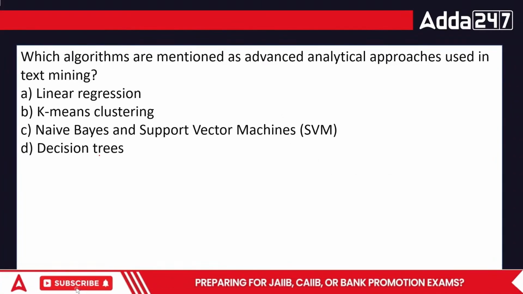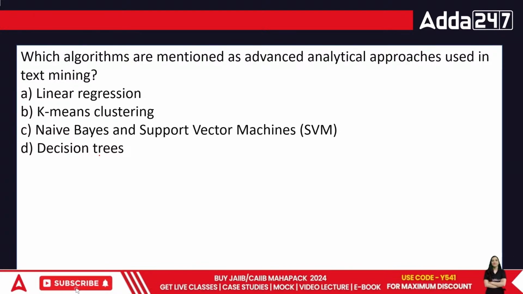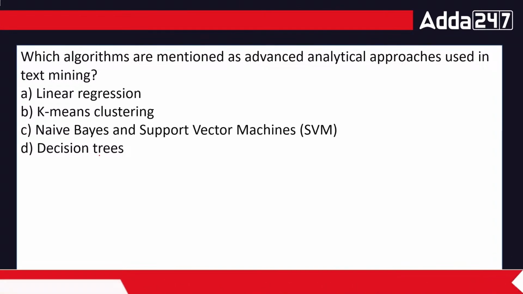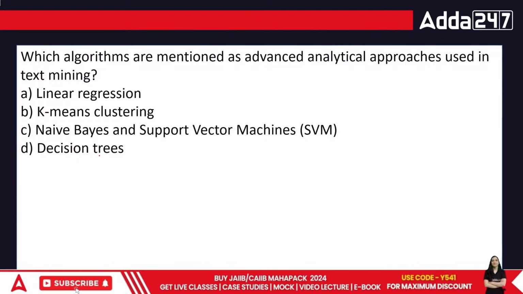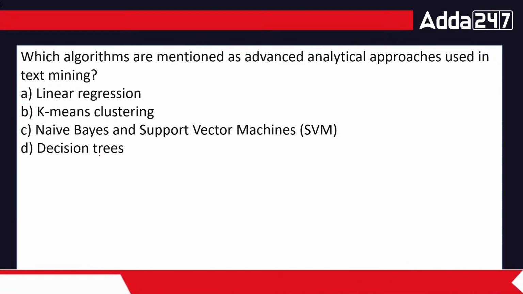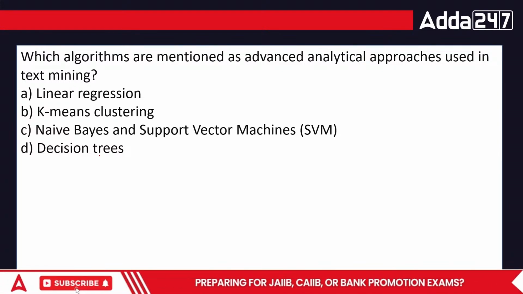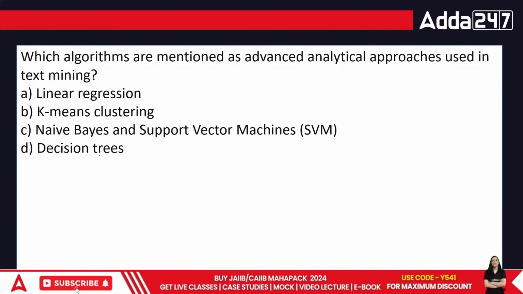Which algorithm is mentioned as an advanced analytical approach used in text mining, everyone? Linear regression, then we have k-means clustering, or naive Bayes and support vector machines, or decision trees. The decision tree is something else.